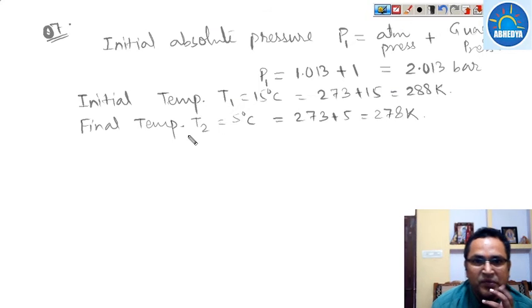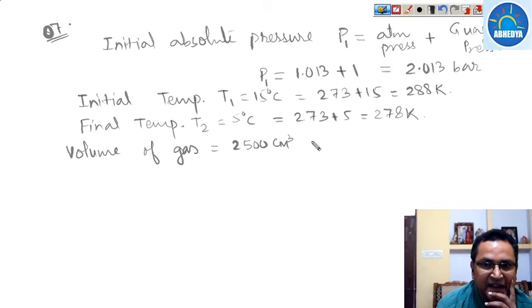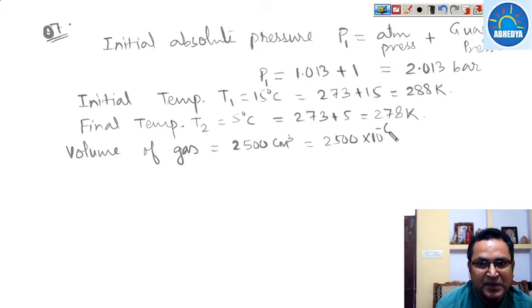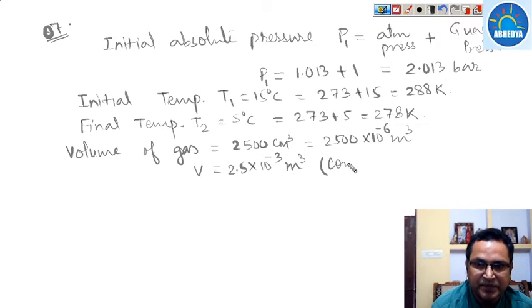So volume of gas, 2500 centimeter cube, can be written as 2500 into 10 raised to the power minus 6 meter cube. So this V is equal to 2.5 into 10 raised to the power minus 3 meter cube, and this volume remains constant.